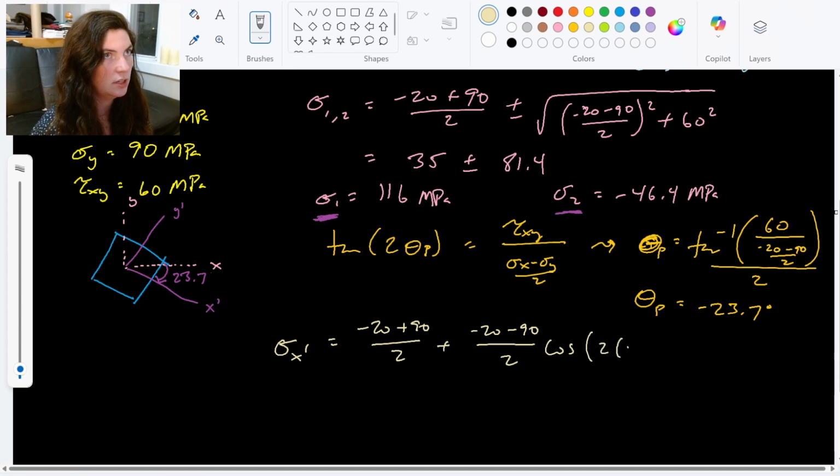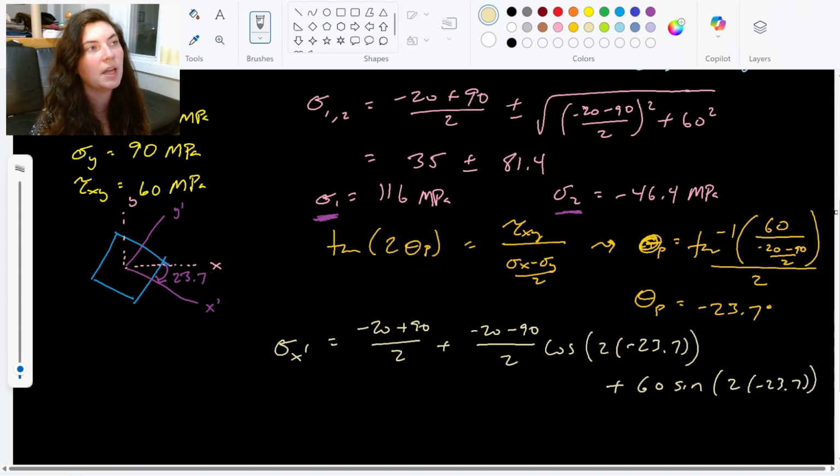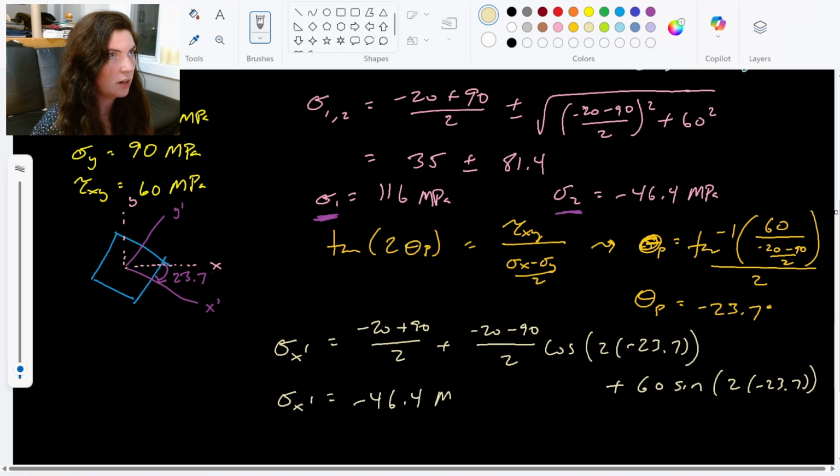So 2 times negative 23.7 plus the shear stress, which is 60, times sine 2 theta. So sine of 2 times negative 23.7. And when I punch all of that into my calculator, I find that this value is negative 46.4.